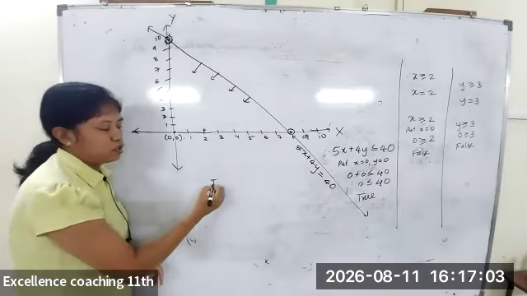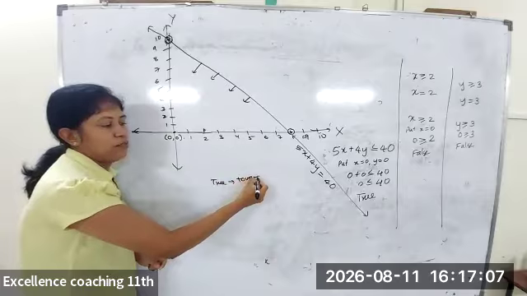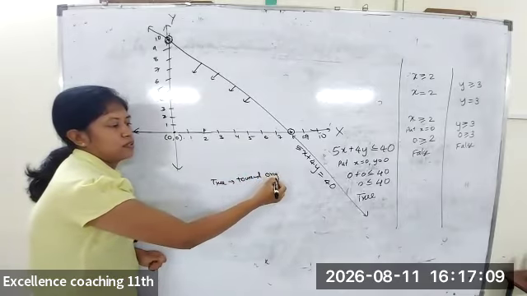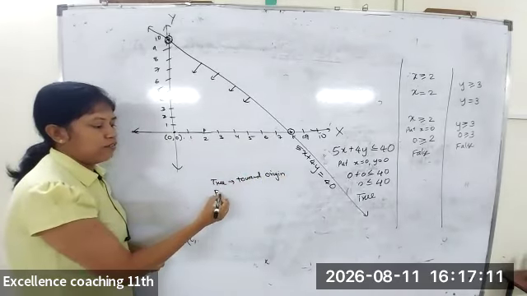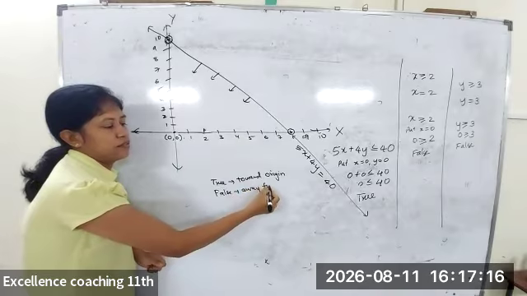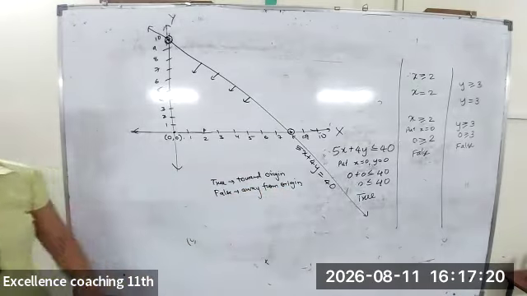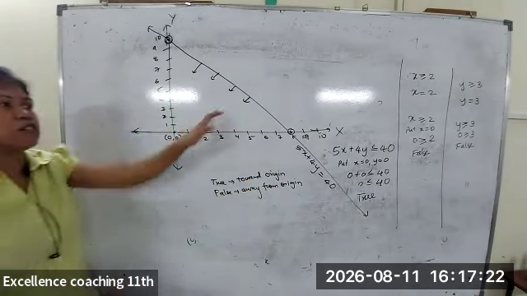So remember, true means towards the origin you have to come, and false means away from origin. Just put some small arrows like this.